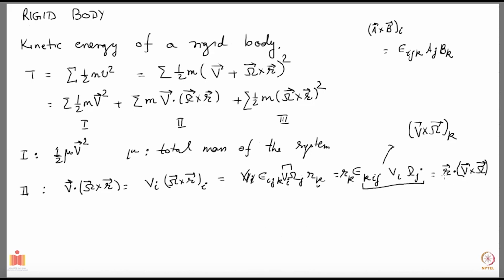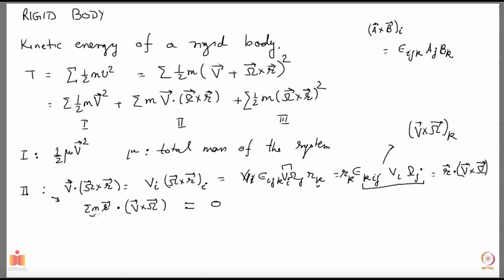So I have freed up r from v and omega, which means my second term becomes the summation of m r dotted into v cross omega. Because the center of mass is at r equal to 0, this quantity is equal to 0.